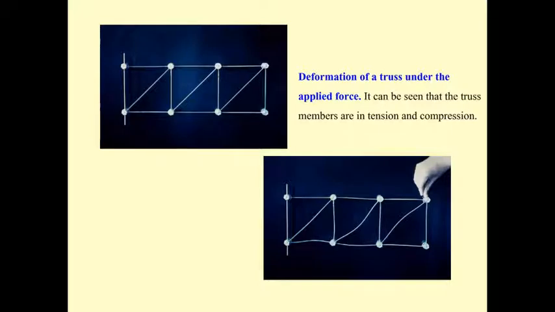This time, the top members are going to be in tension and the bottom members are in compression. It's the opposite of what we discussed for the simple truss. So the simple truss mostly has the opposite behavior compared to the cantilever truss.